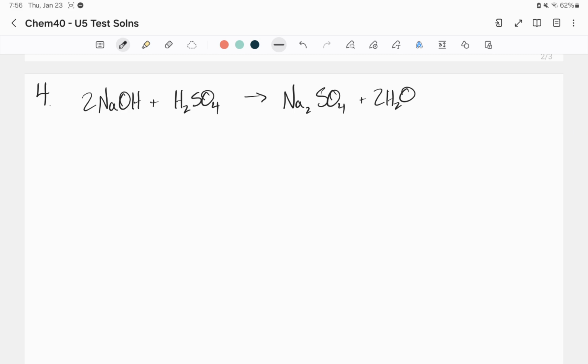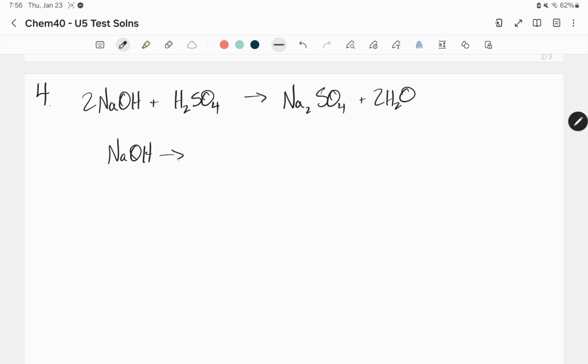Well, we have to determine normality. So I took the following process. You don't have to take this process. There is a shorter way, but this is just how my brain works. Where we're going to start is finding out how many moles of sodium hydroxide we have.